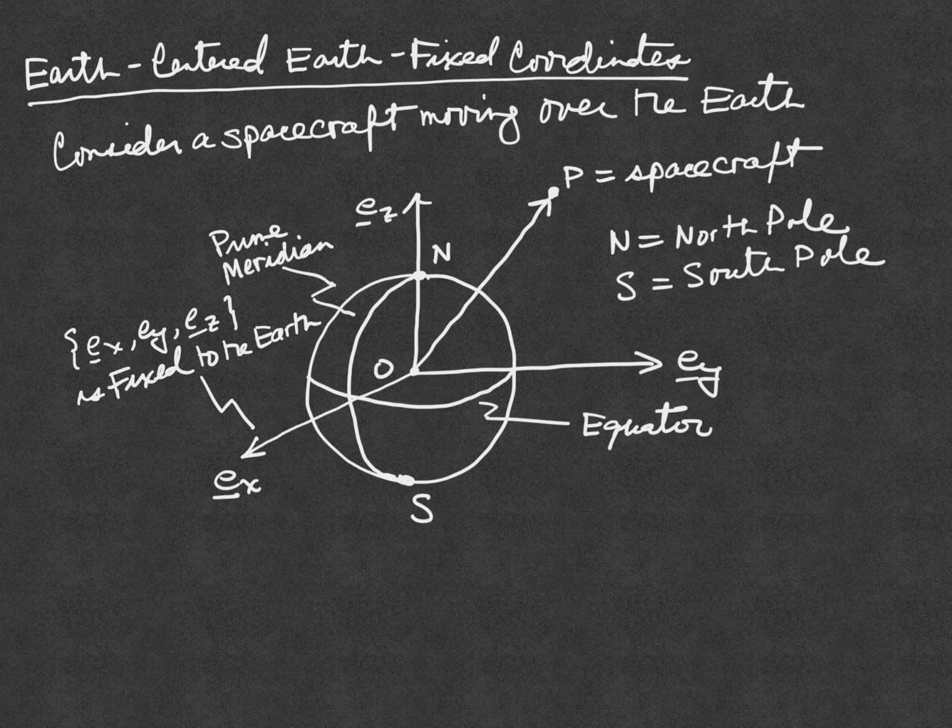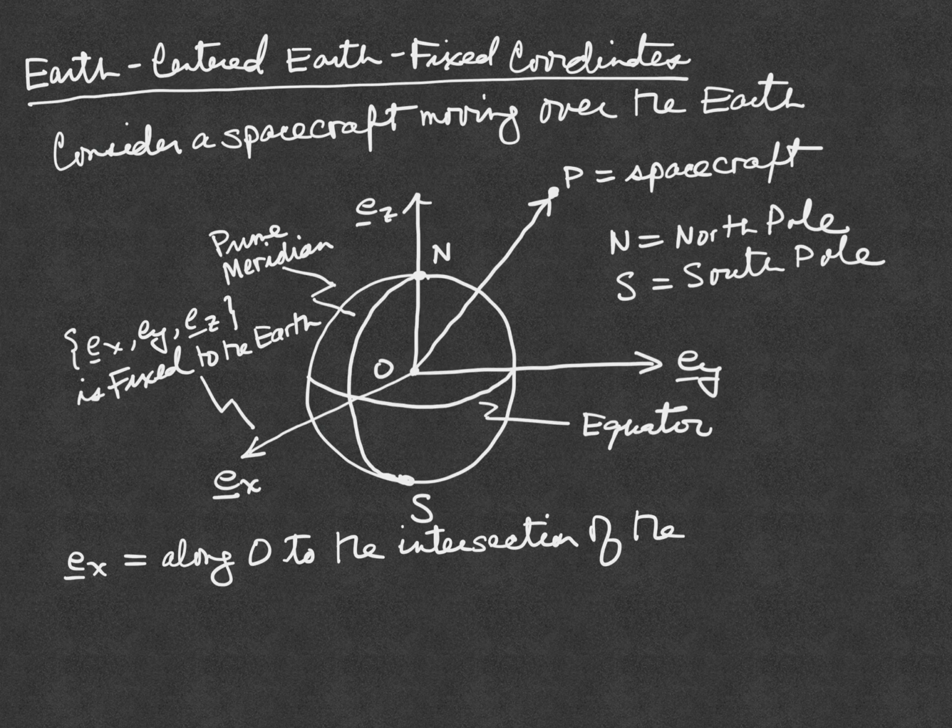And the basis vectors themselves, EX, EY, EZ, are defined as follows. EX is along O to the intersection of the prime meridian with the equator.